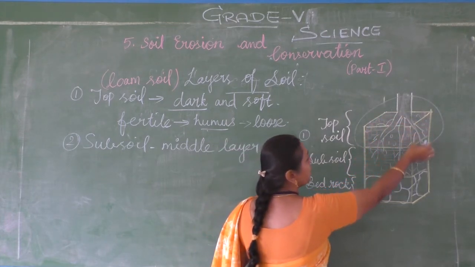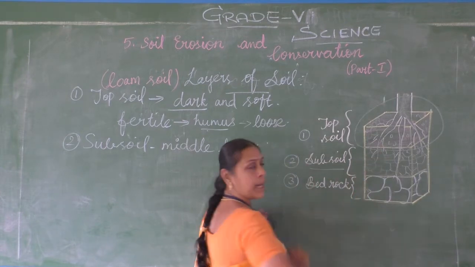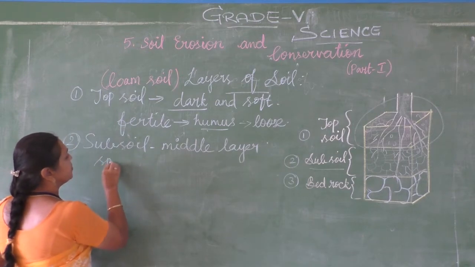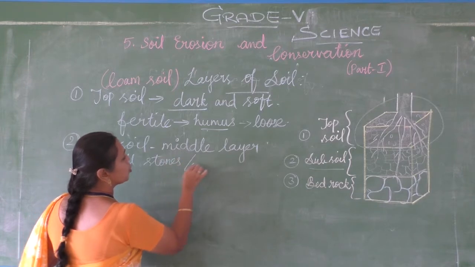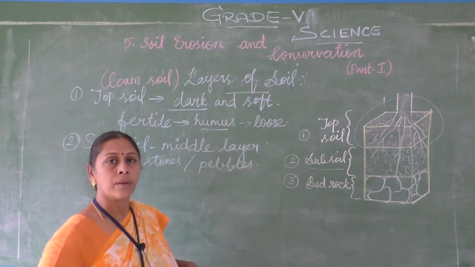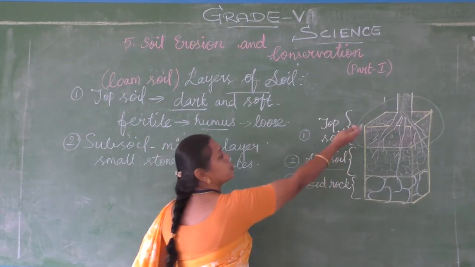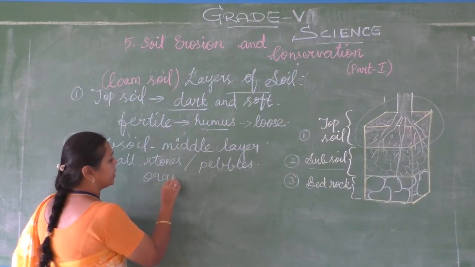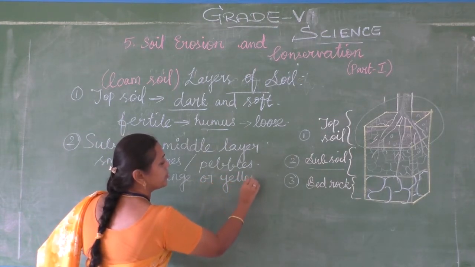So this is the topsoil, and the center region is the subsoil, where you can see small stones or pebbles, and it will be light in color when compared to the topsoil, orange or yellow in color.